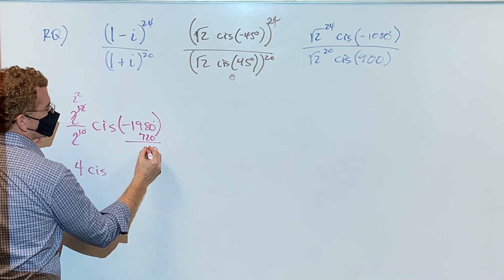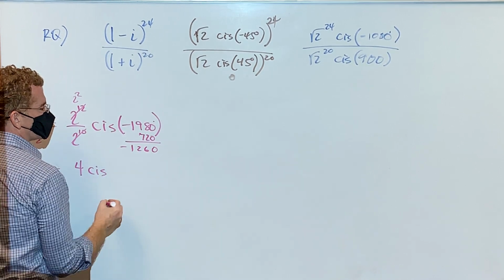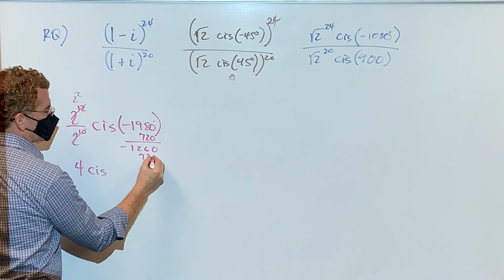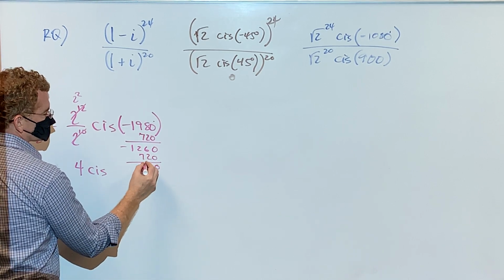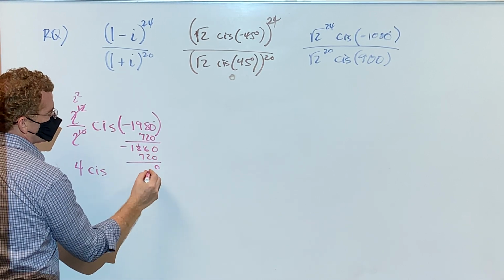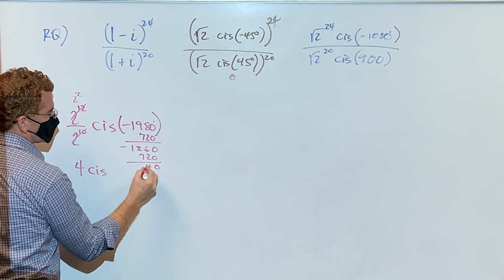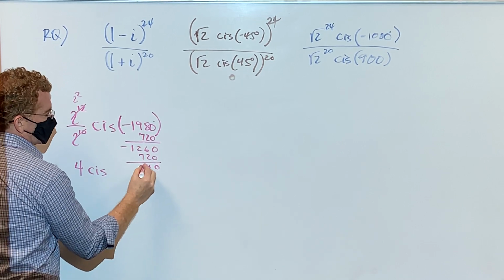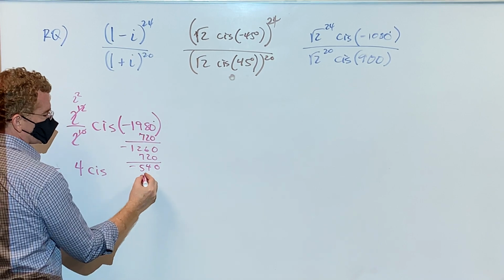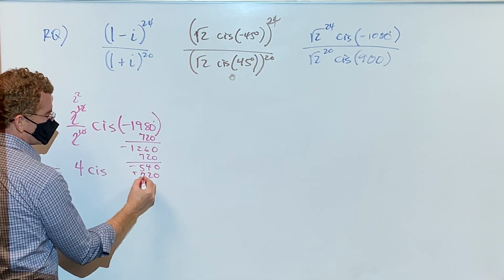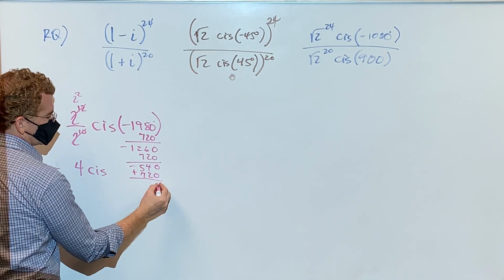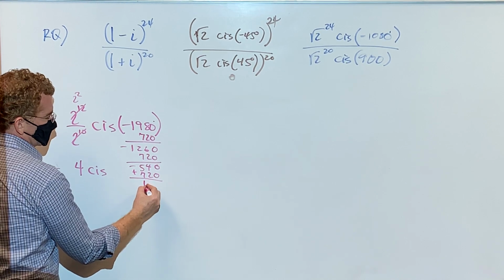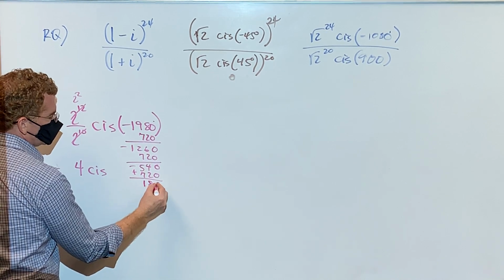And when I do that, I get to there, and then if I add another 720, I get to there, and if I add another 720, I get, what, 180?